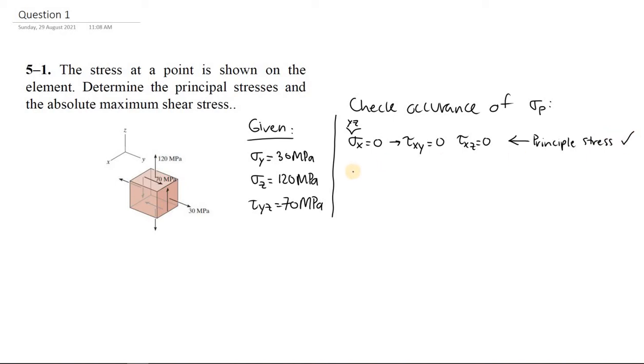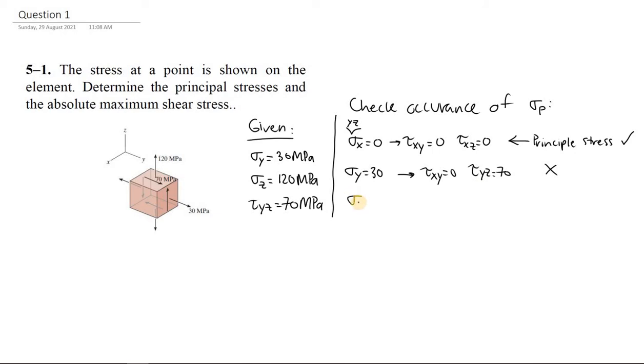But let's check our Y and Z normal stresses as well, in case we have any more. So 30, we have a shear stress in XY, again 0. Shear stress in YZ, we have 70, which means that this is not a principal stress. We have an occurrence of a shear stress.